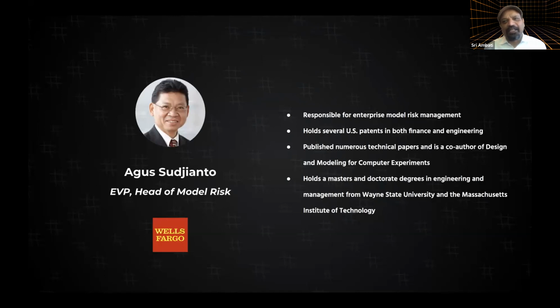And more than that, he's an incredibly prolific publisher of ideas, both on arXiv and otherwise, and a phenomenal, what I call street fighter with data and data science. And he has an incredible team that powers his experiments, and very highly collaborative. I often call him the Lord of all models at Wells Fargo and most of the banking industry. So without further ado, let me invite Agus to the stage.